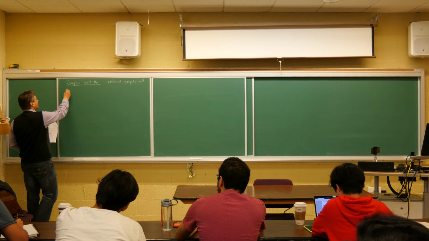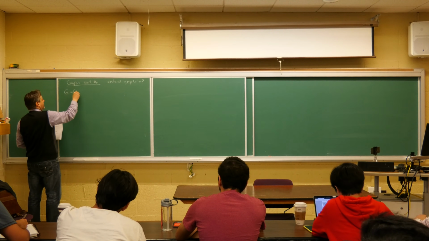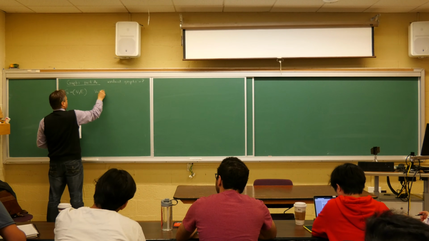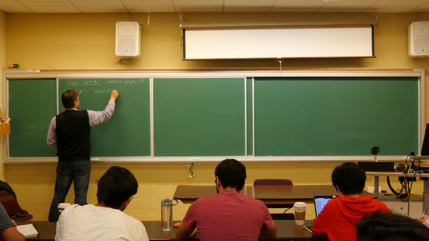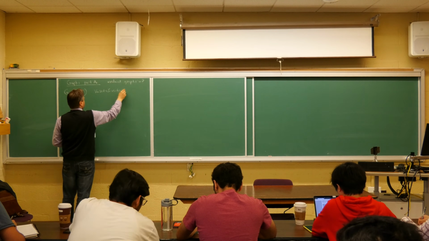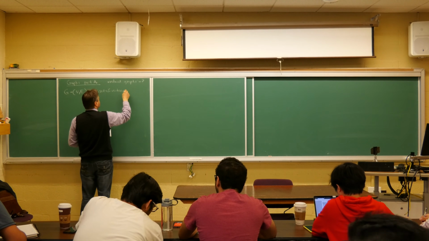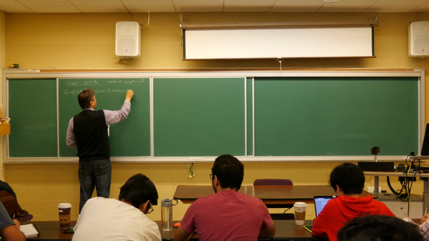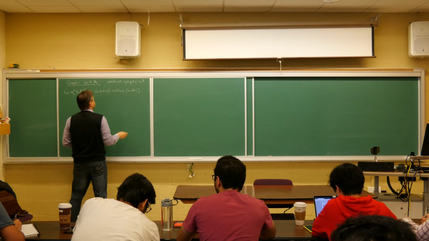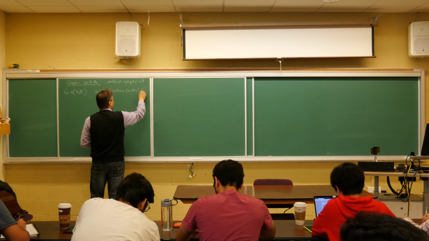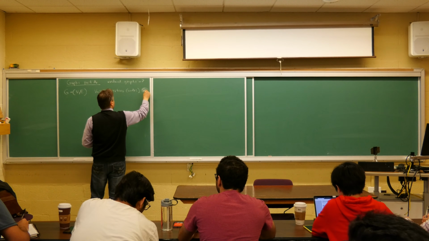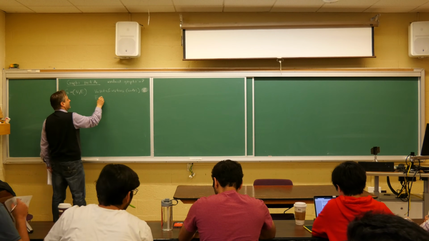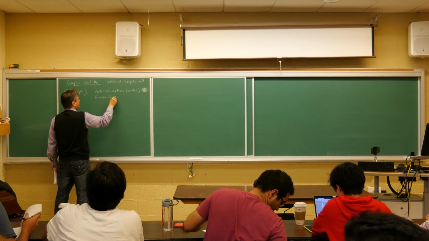So G is a graph. It's usually something like this, where we use a set of vertices, or nodes, V, and we give E, the set of edges.